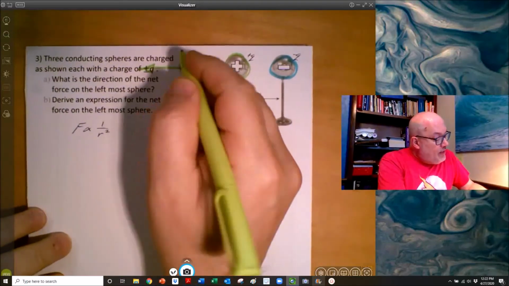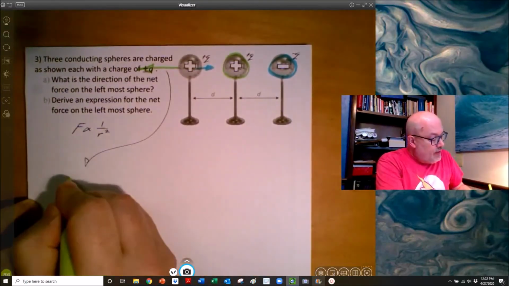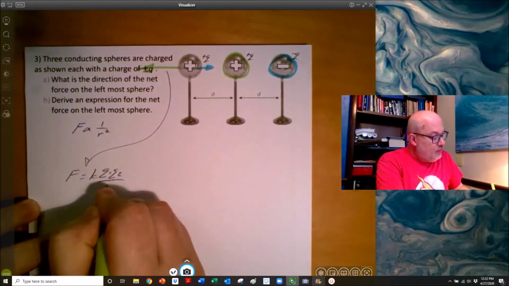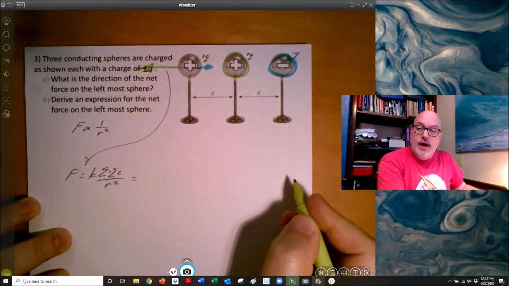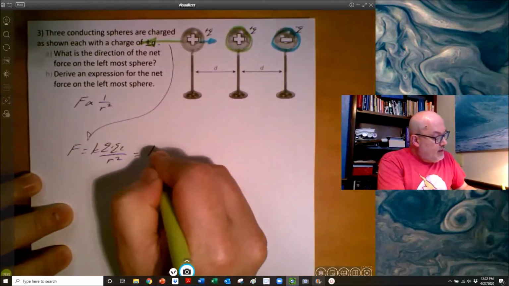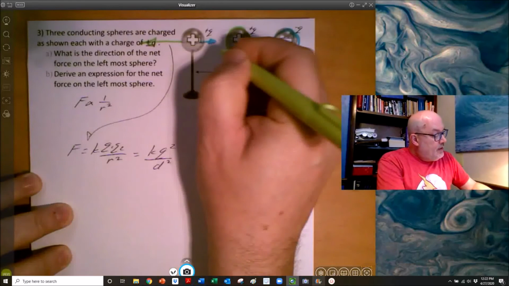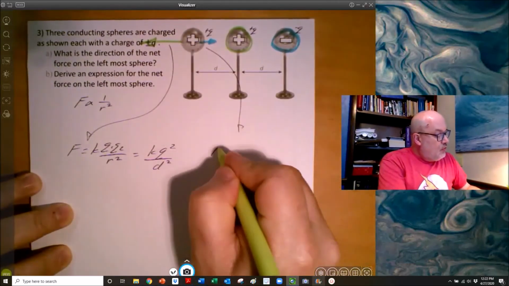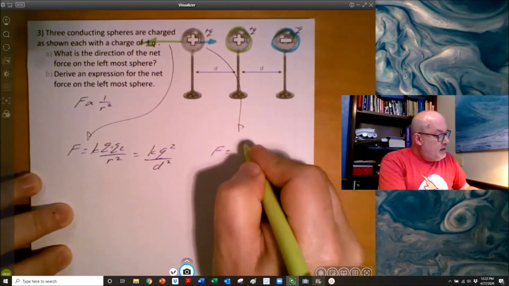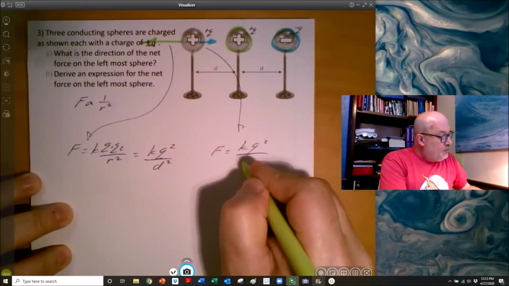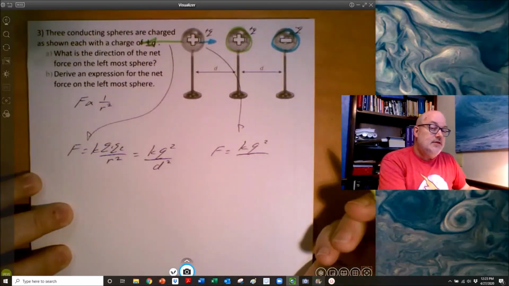Okay, so how big will this green force be? Well, F equals K Q1 Q2 over R squared. And for us, that's going to be K Q squared over D squared. And then our blue force over here will be K Q squared again, but that's over 2D squared.